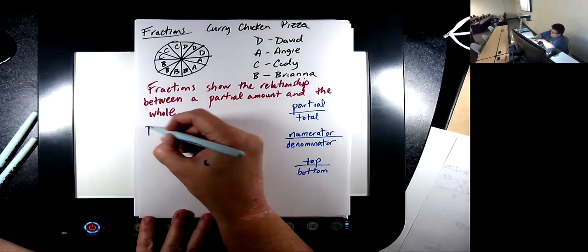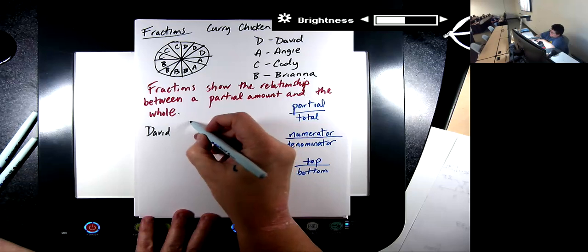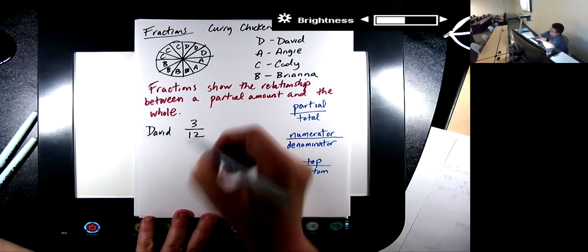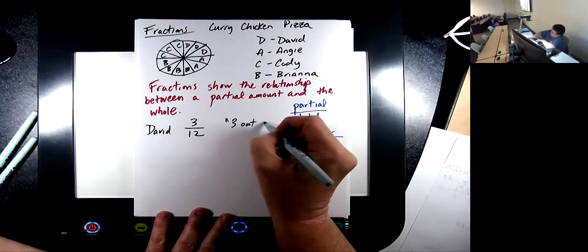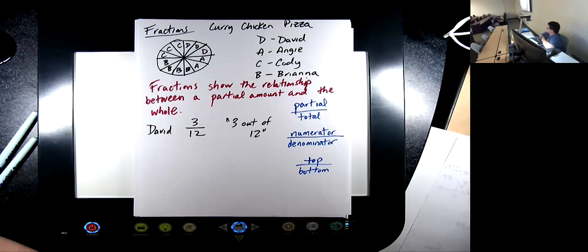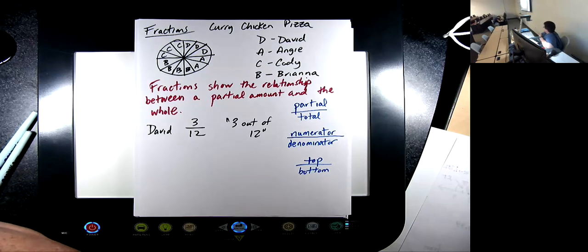David has 3 slices out of 12 slices. 3 out of 12. That's a common way of talking about fractions. We'll say 3 out of 12.